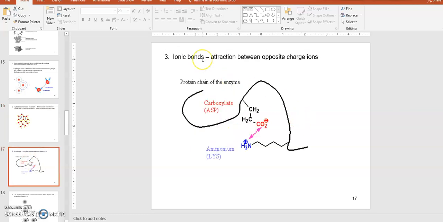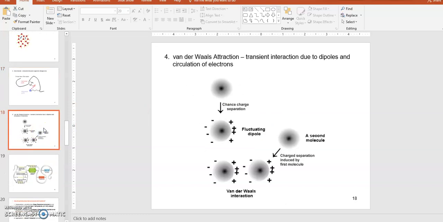And then between the acidic and basic amino acid side chains, you can form ionic bonds. So a negatively charged amino acid side chain and a positively charged amino acid side chain can interact. And van der Waals interaction, of course, is a transient movement based on dipole interaction. Just like a hydrogen bond, it's even weaker than hydrogen bonds.